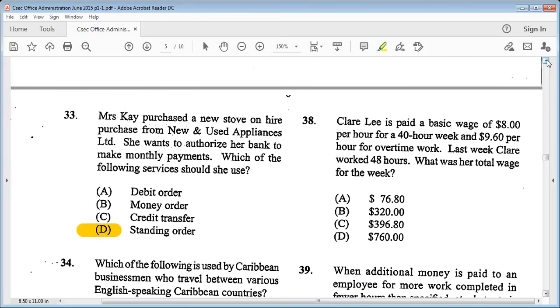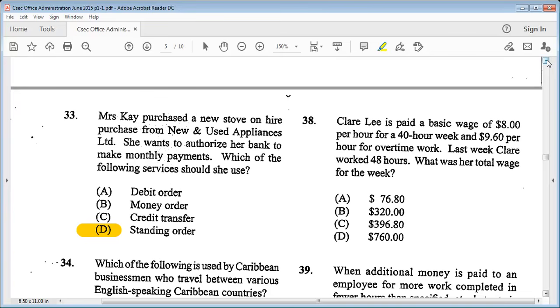Here it says, Claire is paid a basic wage of $8 per hour for a 40-hour week and $9.60 per hour for overtime work. Last week, Claire worked 48 hours. What was her total wage for the week?